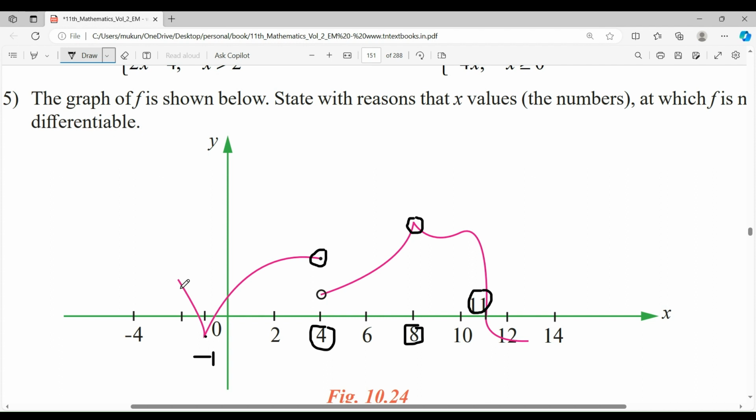is, just before the point -1, you see that the curve would take a slope in one direction, and just after the point -1, the curve takes a slope in the other direction.